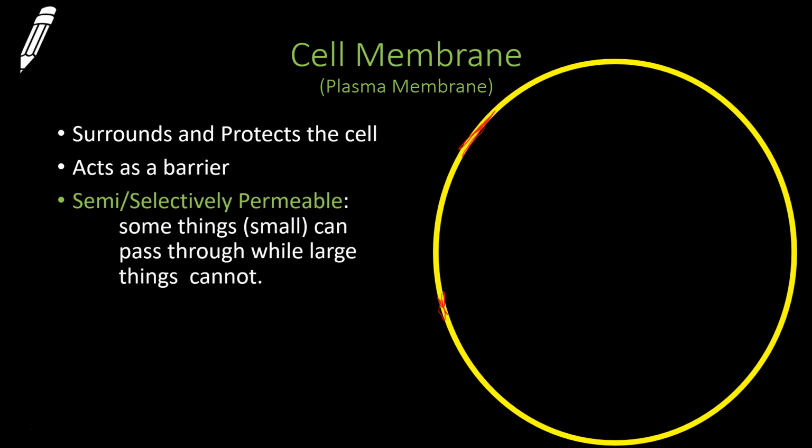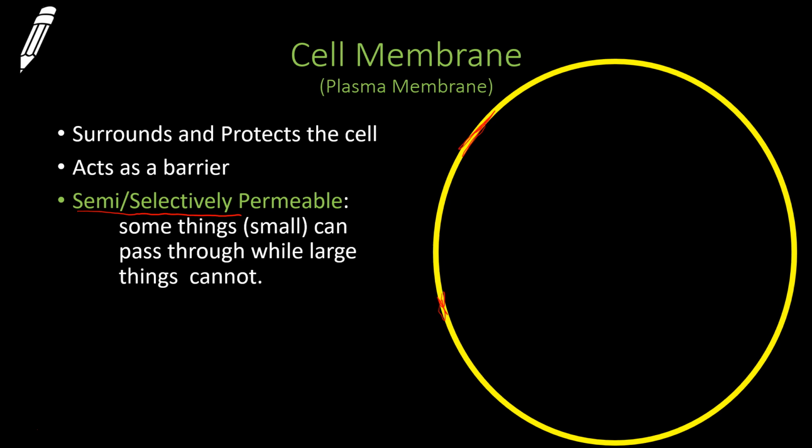And an interesting thing is the cell membrane is called semi or selectively permeable. Those both mean the same thing. Now, what does that mean? It means that small molecules such as water, oxygen, carbon dioxide can move in and out of the cell membrane. Larger molecules such as proteins cannot freely move in and out of the cell membrane.